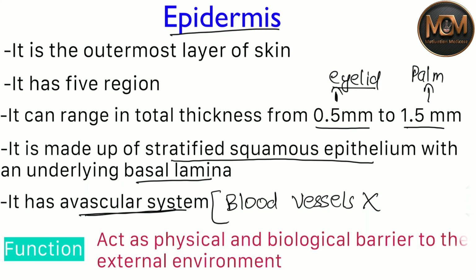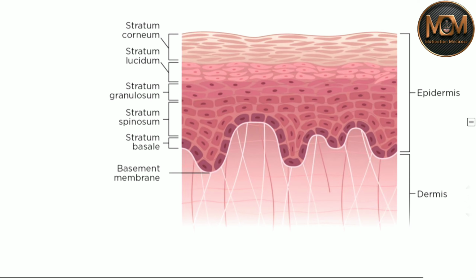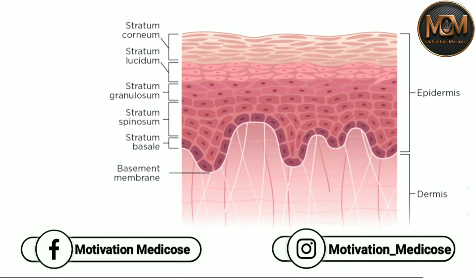Now we'll discuss all five regions of the epidermis with the help of this diagram. The first layer in the epidermis is the stratum corneum, also called the horny layer.